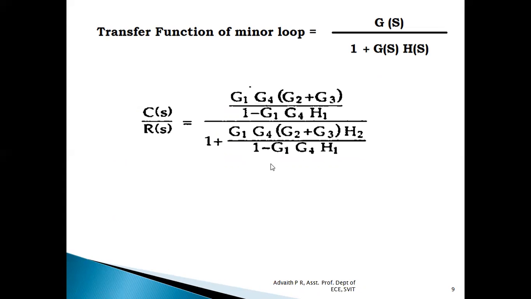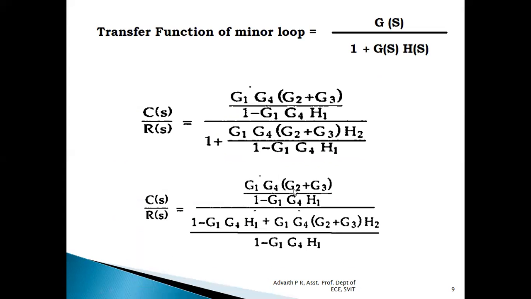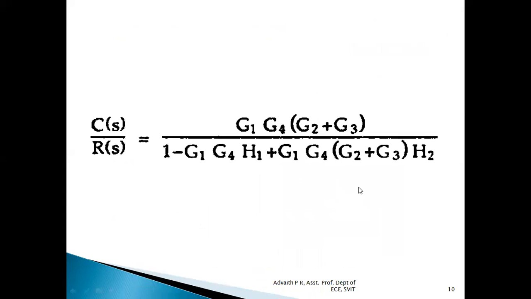When we cross multiply and simplify, 1 minus g1 g4 h1 and 1 minus g1 g4 h1 get cancelled. Finally, we are left with the transfer function g1 g4 into g2 plus g3 divided by 1 minus g1 g4 h1 plus g1 g4 into g2 plus g3 into h2. This is the final result which we require.